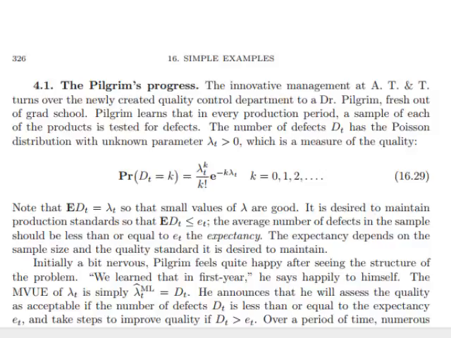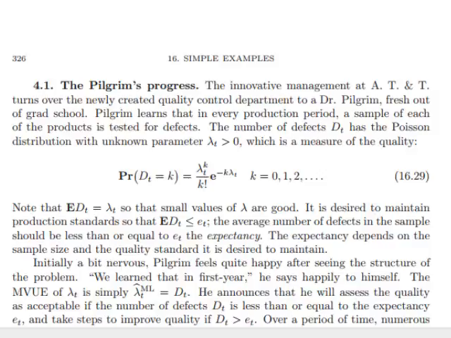We take a batch of 100 products, we test them, we find the number of defects. The number of defects dt is a Poisson random variable with some unknown parameter lambda t. That lambda t is the quality of the production process taking place at that time, which is unknown. Now the observation is a reflection of that, and it is a random variation. It is not the lambda t.